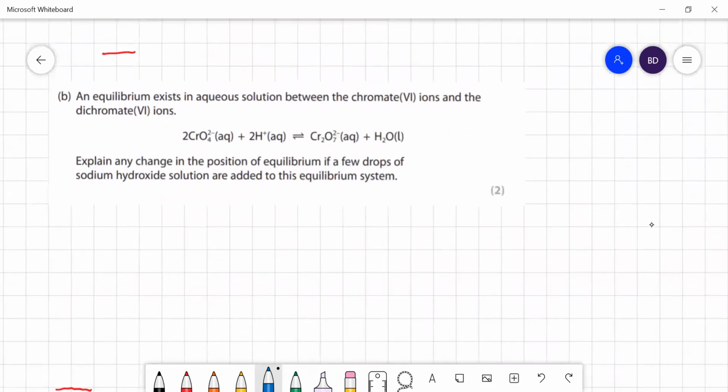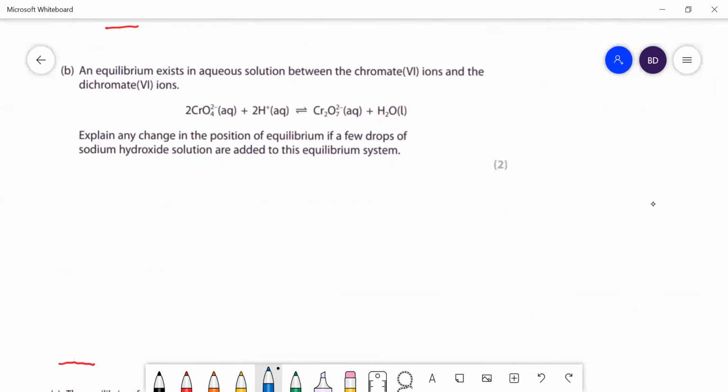Okay, an equilibrium exists in aqueous solution between the chromate 6 ions and the dichromate ions. Okay, so there we've got them. Okay, so we've got chromate 6 and dichromate. Explain any change in the position of equilibrium. A few drops of sodium hydroxide are added.